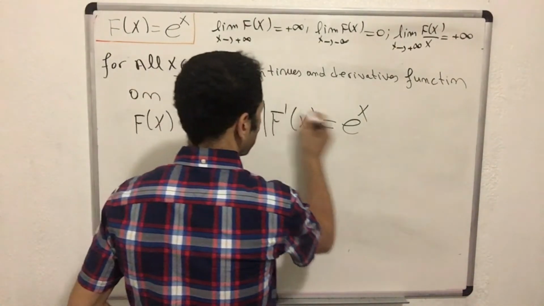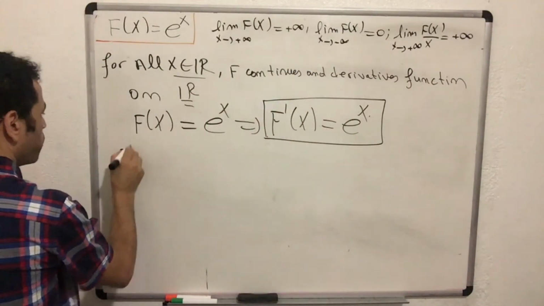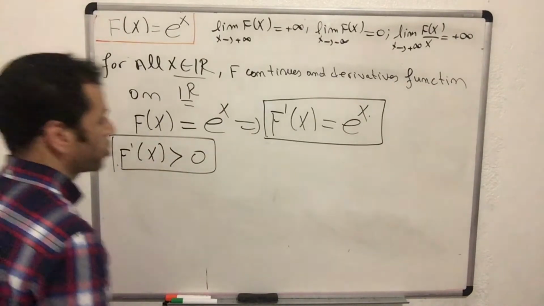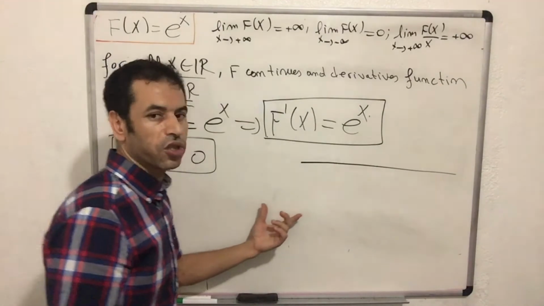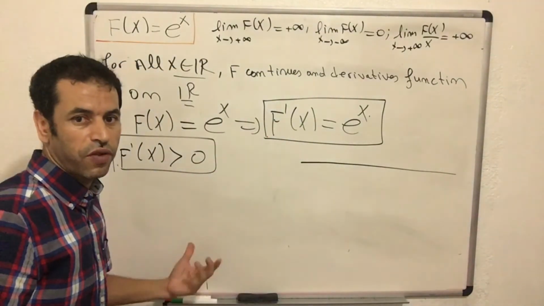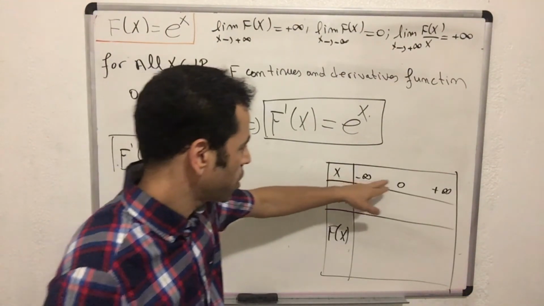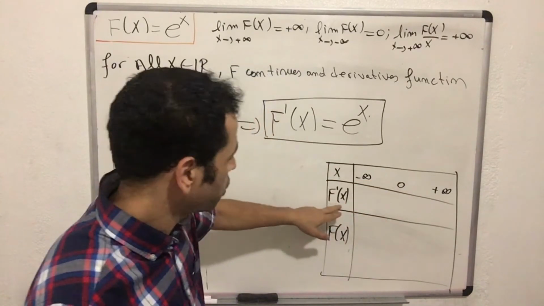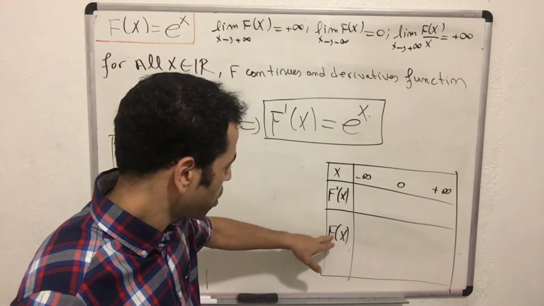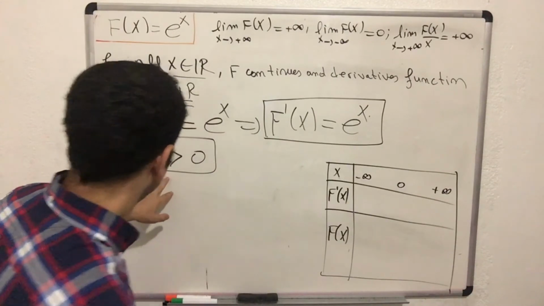So this function is a positive function, so f prime of x is a positive function. Let's move on to the variation table, where I can see the sign of f prime of x and the direction of the function as well. The first line represents the x input points, the second line represents f prime of x, the third line represents f of x. Now what is the sign of f prime of x?